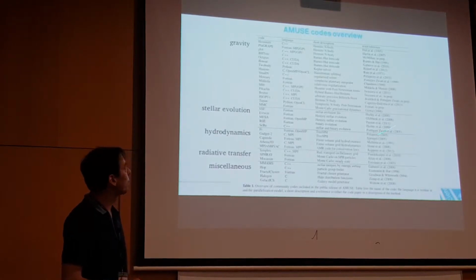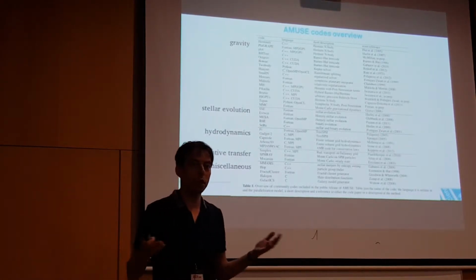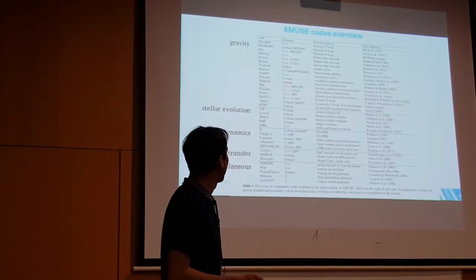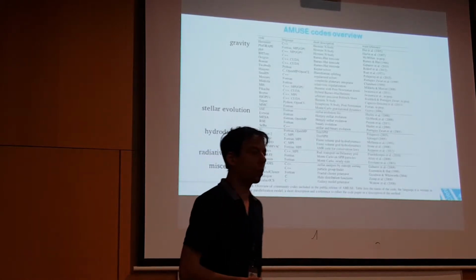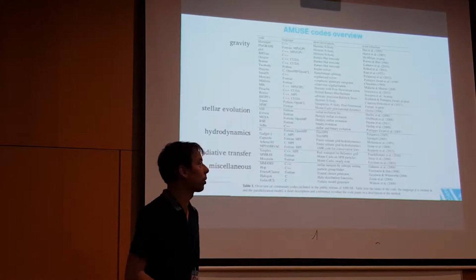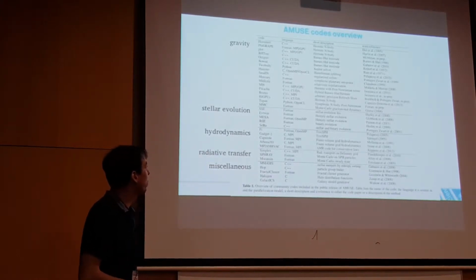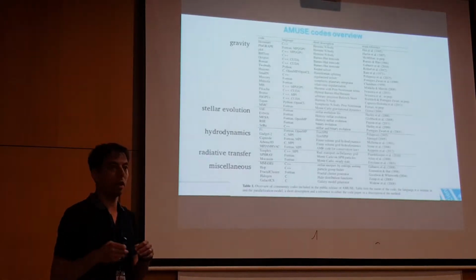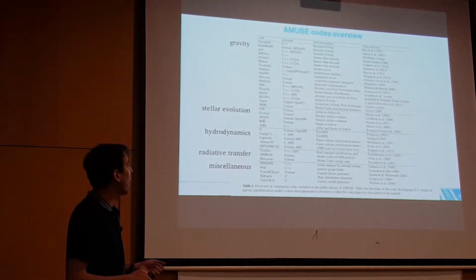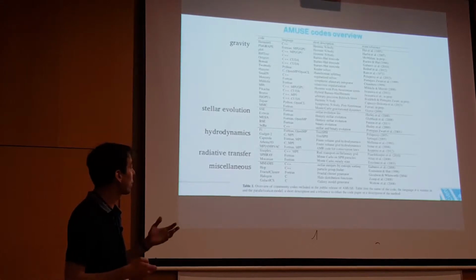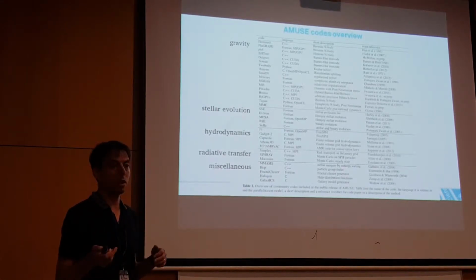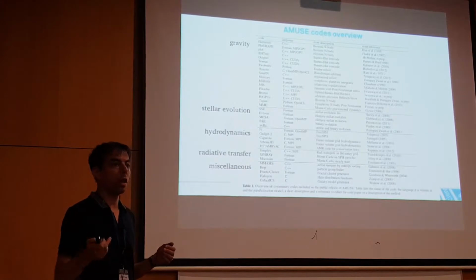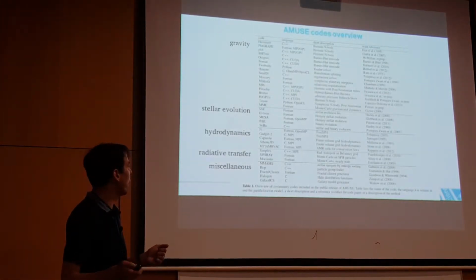So AMUSE is a nice framework, but of course it incorporates codes, and this is basically an overview of all the codes that are currently in there. The important thing to note, apart from that it's quite a long list by now, and not even all the codes are on here, is that the codes are from different domains, and the idea is that all the codes from a single domain have the same interface, and different domains have similar interfaces that are formulated along similar lines.